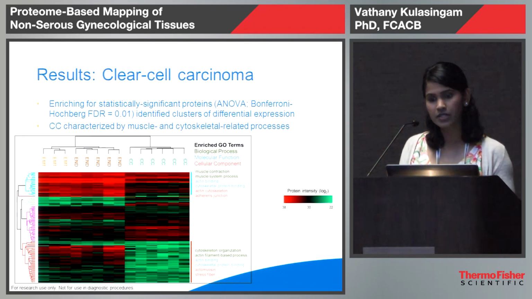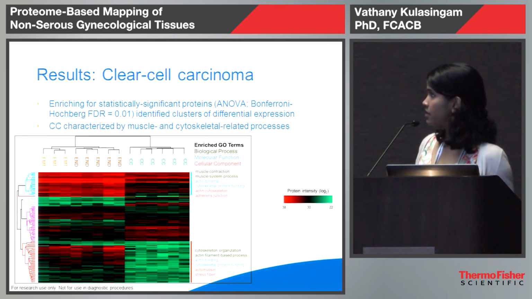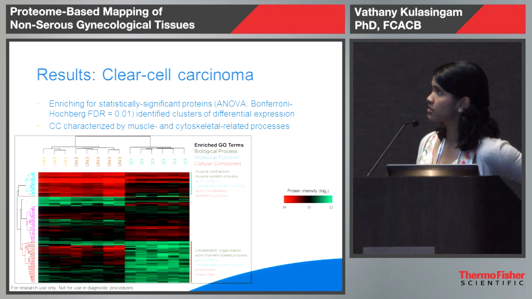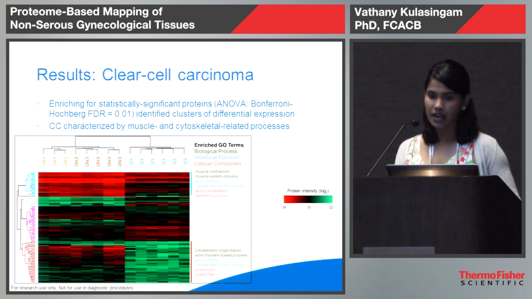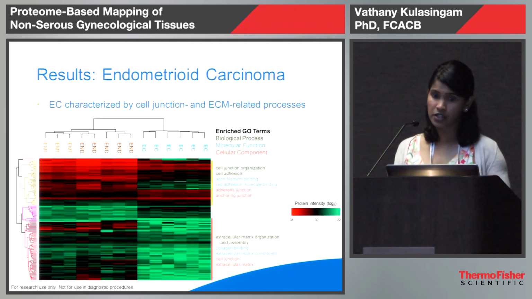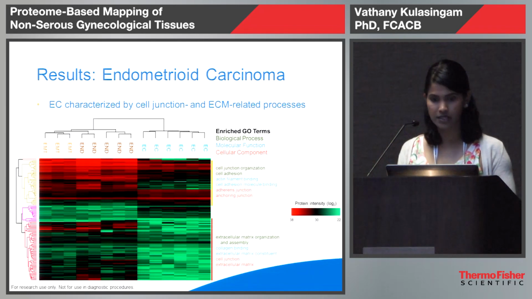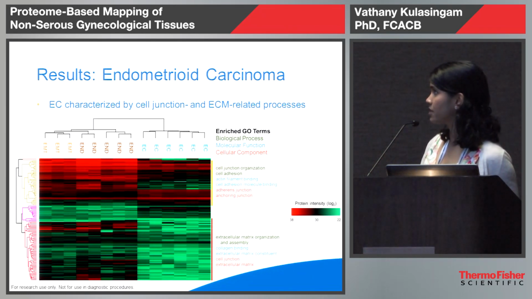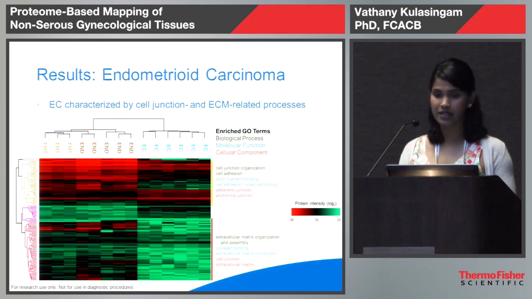So when we enriched for statistically significant proteins, we see that clear cell carcinoma is mainly characterized by dysregulation in the muscle and cytoskeletal related processes, whereas endometrioid carcinoma seems to be characterized by cell junction and extracellular matrix related processes. Quite nicely, it separates the endometrioid carcinomas from both the normal endometrium and the endometriosis.